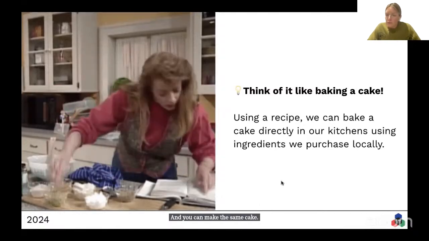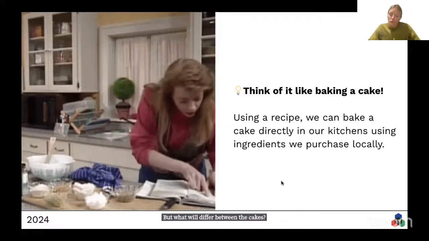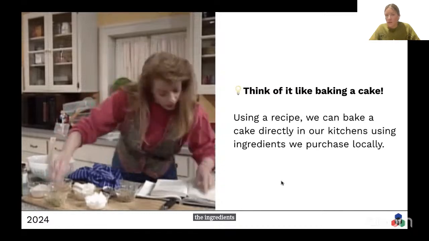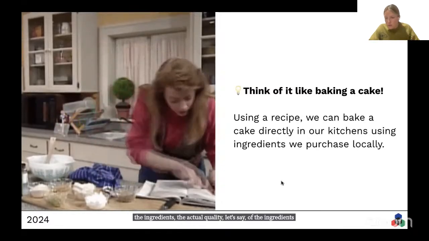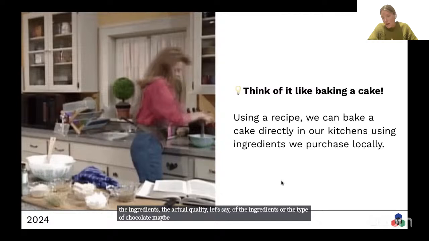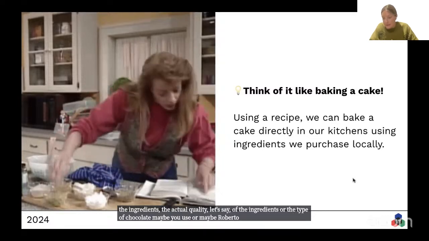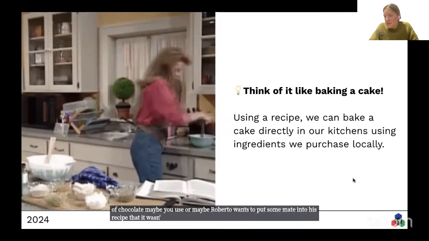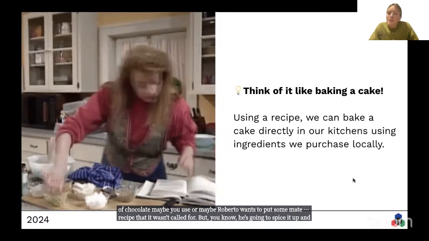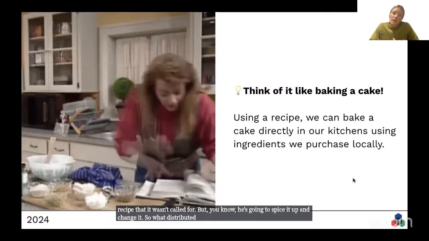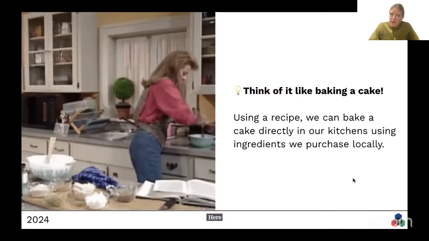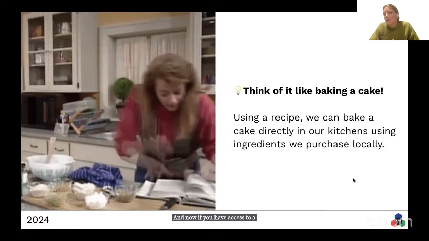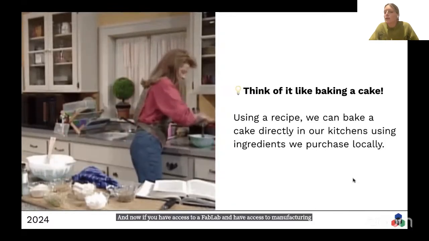But what will differ between the cakes is the local context, the ingredients, the actual quality, let's say, of the ingredients, or the type of chocolate maybe you use, or maybe Roberto wants to put some mate into his recipe that it wasn't called for, but he's going to spice it up and change it. So what distributed design does is it says, here's a design, and now if you have access to a fab lab and have access to manufacturing facility locally, you can make it with your own spin on it.